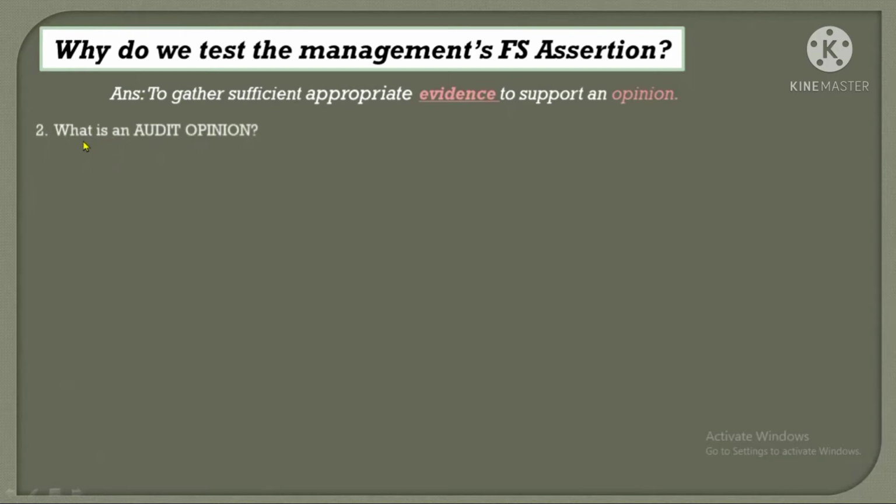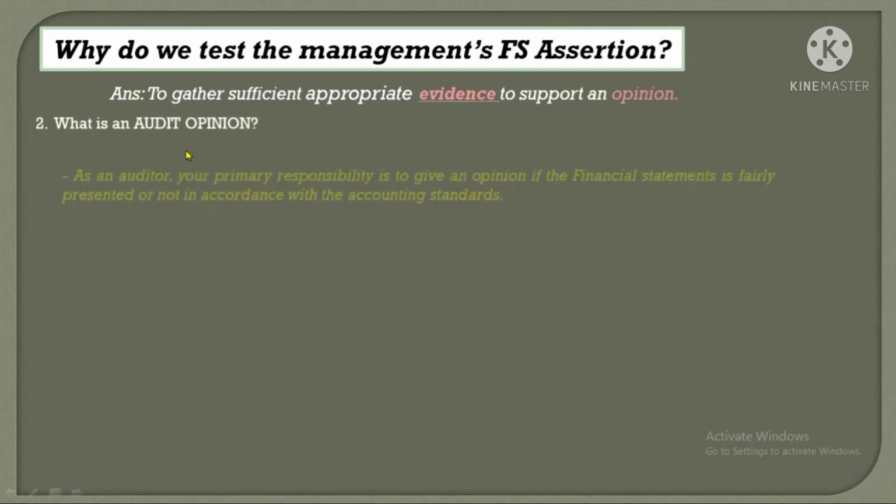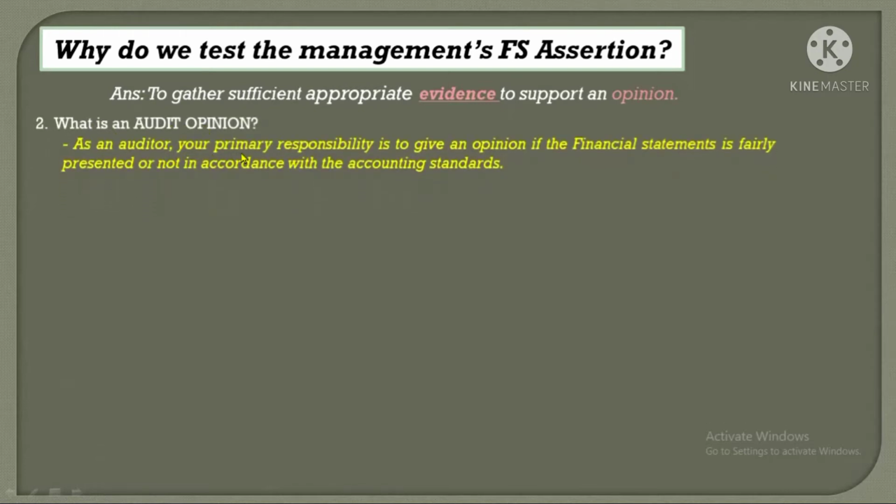So what is an audit opinion? An audit opinion is a statement by an auditor about whether the financial statements being audited are free from material misstatements or fairly presented in accordance with the accounting standards. Actually, it's the primary responsibility of an auditor to give such an opinion. So that's an audit opinion.